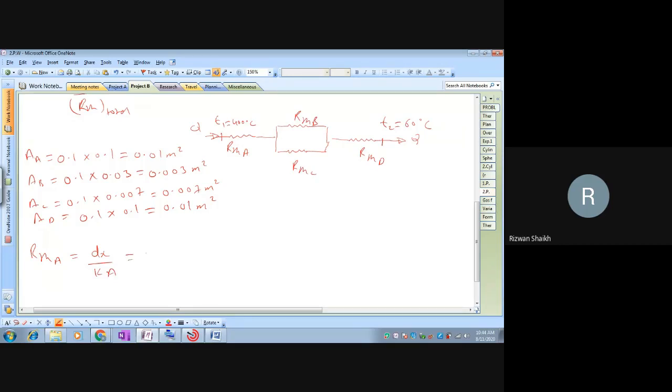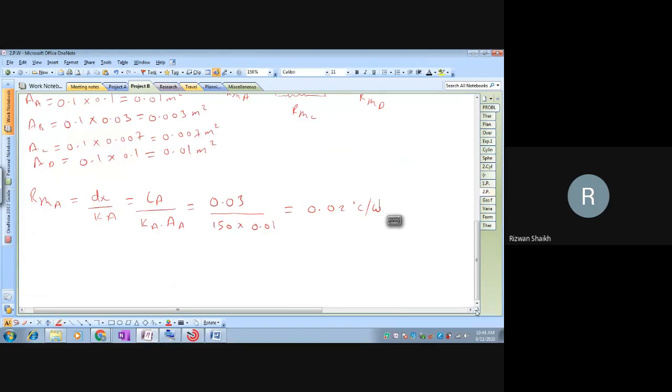In our case for layer A, it will be La upon Ka into area A. You can apply this formula with La path length 0.03 divided by thermal conductivity Ka which is 150 and the area is 0.01. When we calculate, it comes to 0.02 degrees Celsius per watt. In this way, we have to calculate the resistance for B, C, and D.